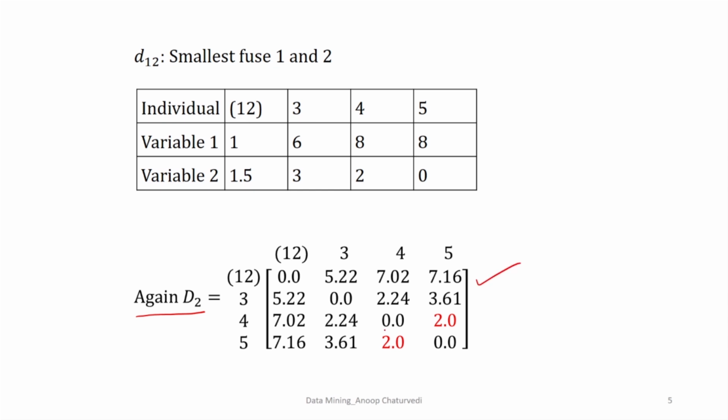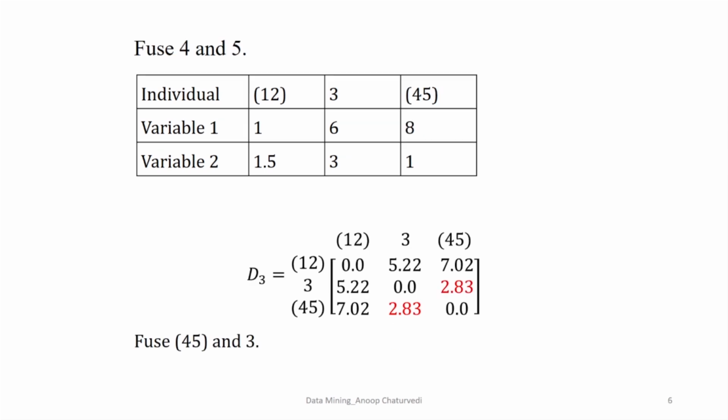Now, the minimum value is 2 and this distance is in between individual 4 and individual 5. So, at the next stage we merge individuals 4 and 5 at distance 2.